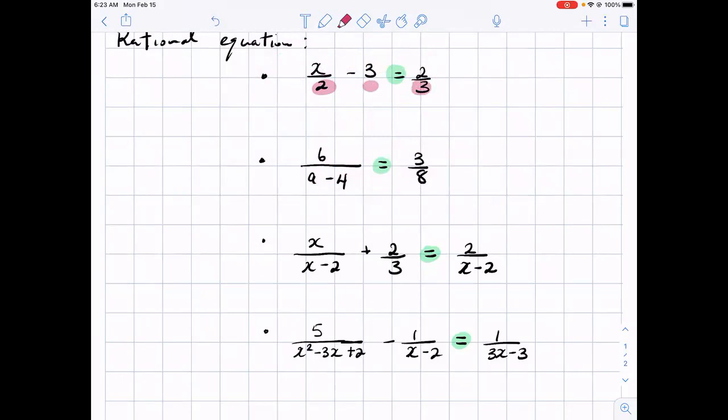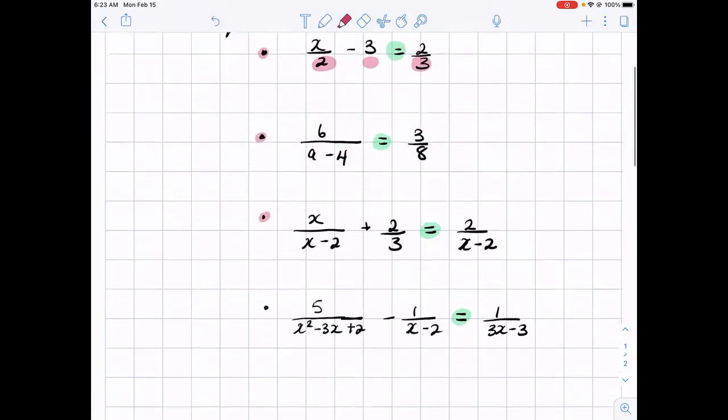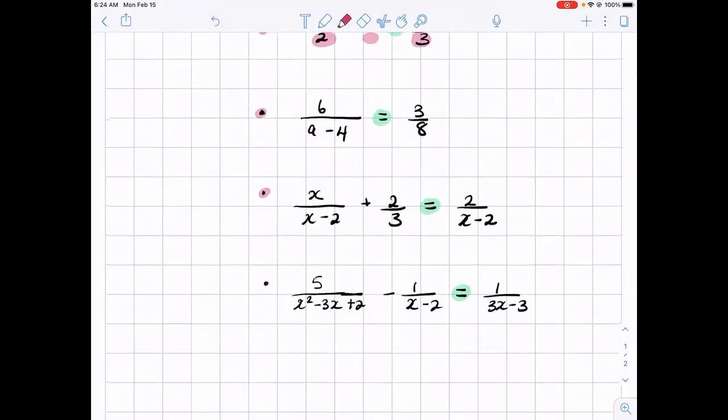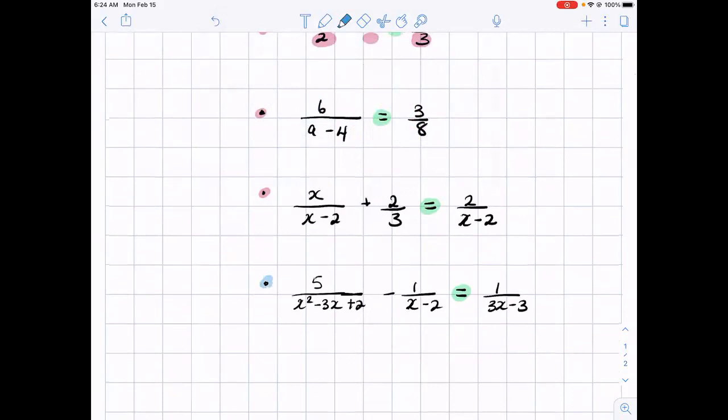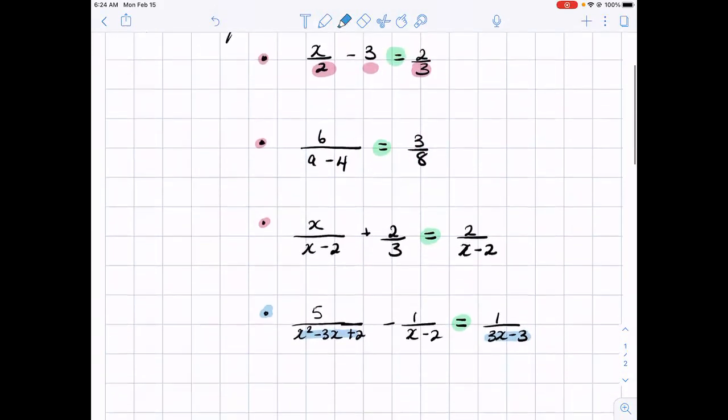Okay. So for example, the first, the second, these here, the denominator is already factored. But if you look at this example here, the denominator here is not fully factored. So we'll come to that.